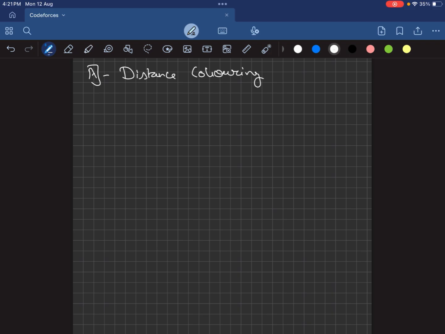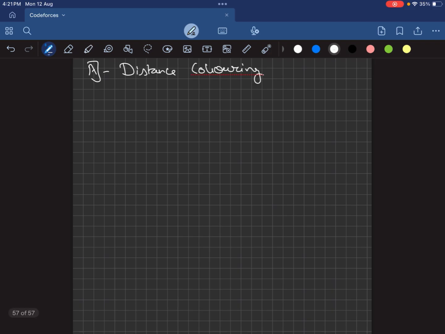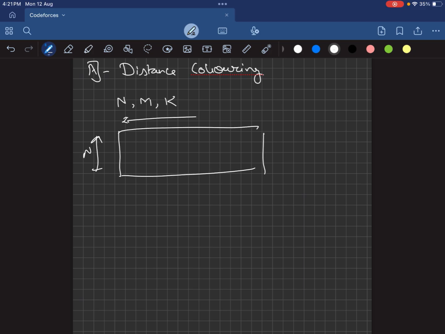Distance Coloring. Okay. In this question, you are given three integers n, m, and k. So what does this mean? You have an n cross m grid and an integer k.